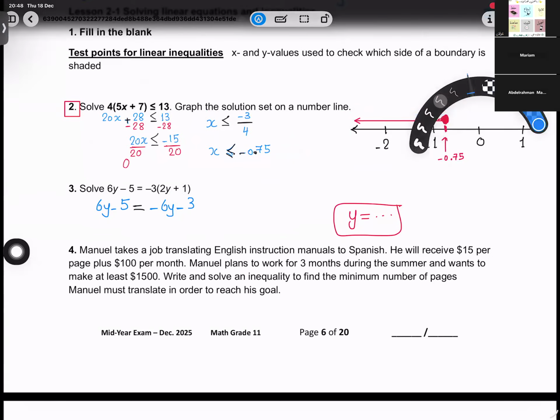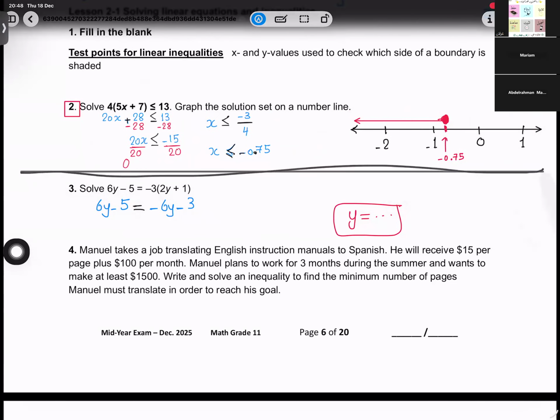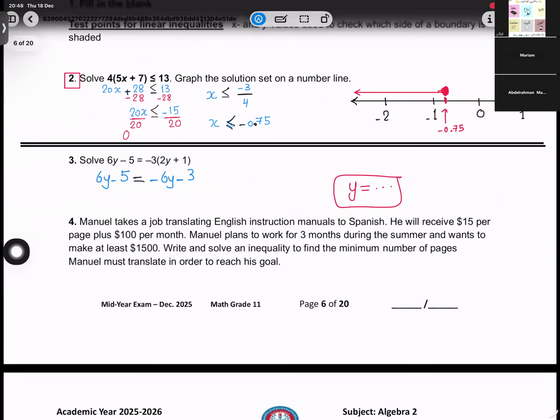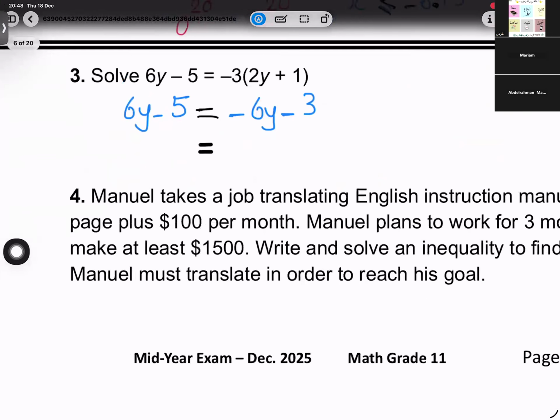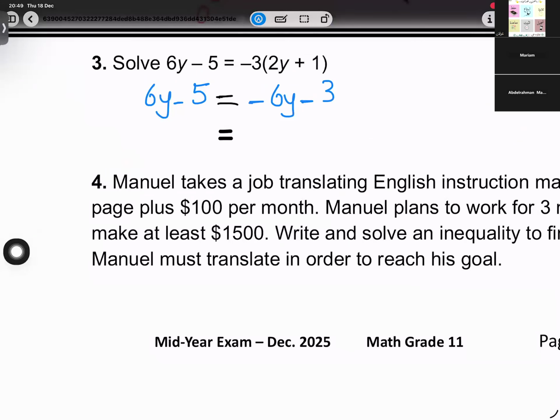Yes, plus 2. So then you divide by 6. No, not divide by 6. Wait a minute. Look, we just add 6 on both sides.